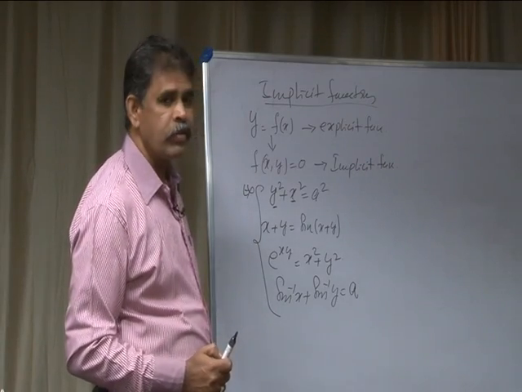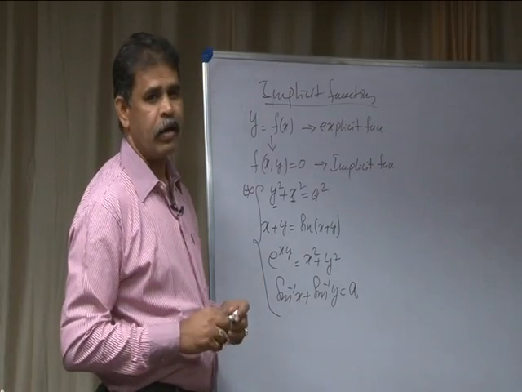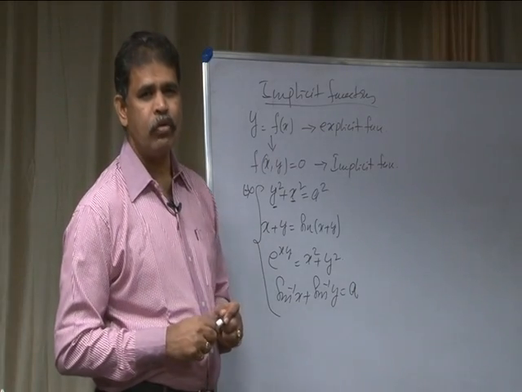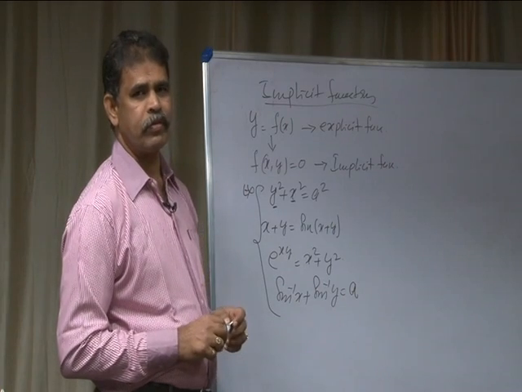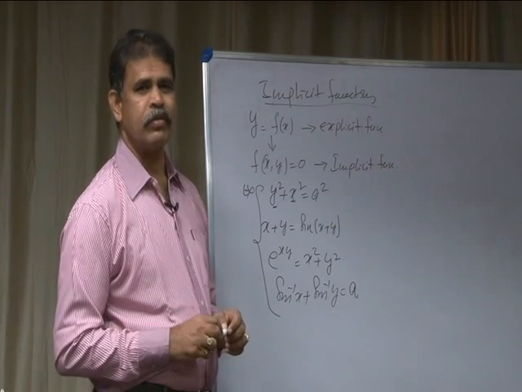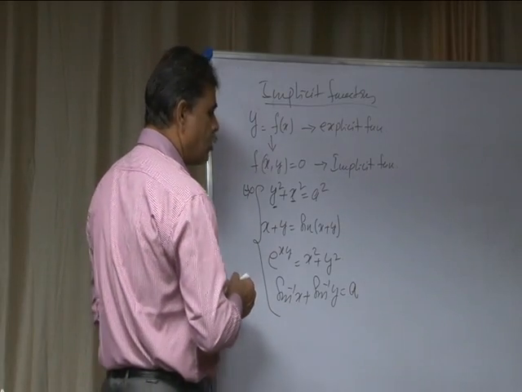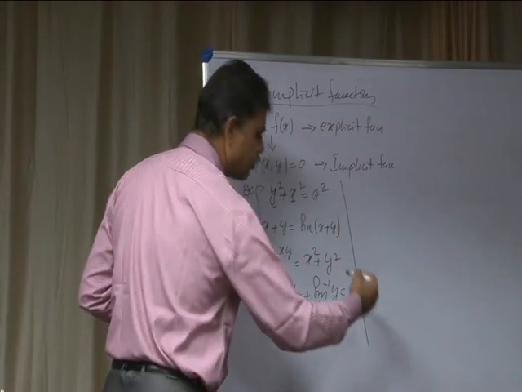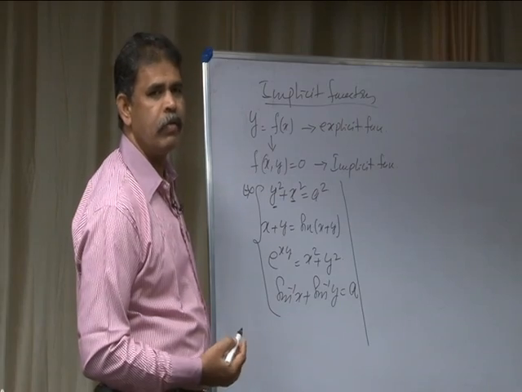Suppose it is root y, y square, sin y, or e to the power of y, how do we get the derivative of such terms in y? All y terms are differentiated similar to x terms, but at the end we write dy by dx.